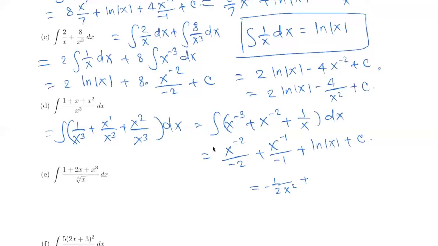Plus this negative 1 on the bottom, so that negative you can pull to the front, and then 1, no need to write. And x raised to negative 1 is 1 over x plus natural log of x plus c.